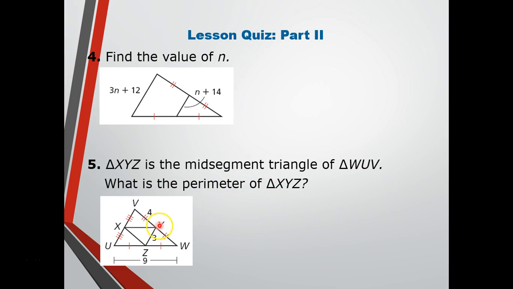Well, first things first is you have to figure out all of the side measurements of triangle XYZ. Whenever you're done with that, remember perimeter of any polygon is just going to be all the sides added up. So once you have all 3 sides, add them up and you've got your answer.